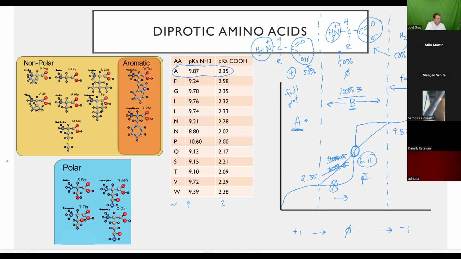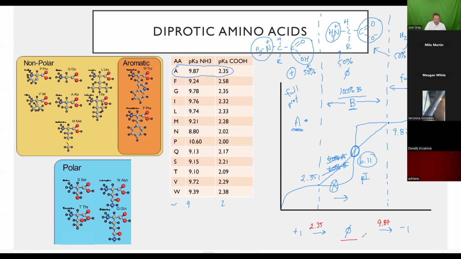Now, the next thing I like to do is take this number line and write my pKa values, 2.35 and 9.87. Midway between 2.35 and 9.87 is where I arrive at my pI, my isoelectric point: 2.35 plus 9.87, divided by 2.